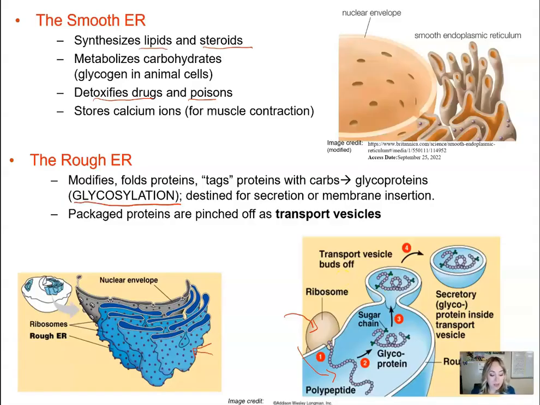And once the vesicle is pinched off, it is going to travel to the next destination, which is usually going to be the Golgi body. So you can see how the ER can form a vesicle with the protein inside and ship that vesicle to the next destination.